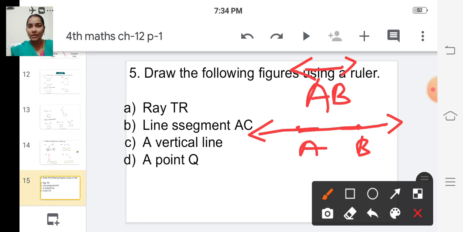Similarly, a line is extended on both sides, so we cannot measure a line also. A line segment has 2 endpoints, a ray has 1 endpoint, and a line has no endpoints. Understand the differences and the representations. Children, this is very simple and very easy also.